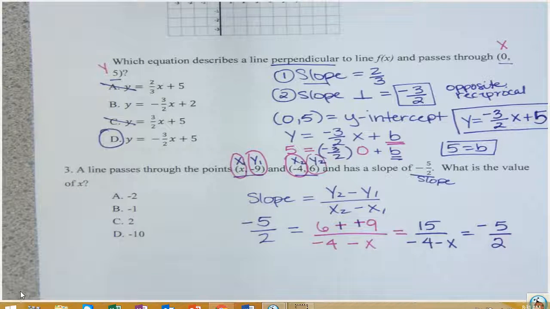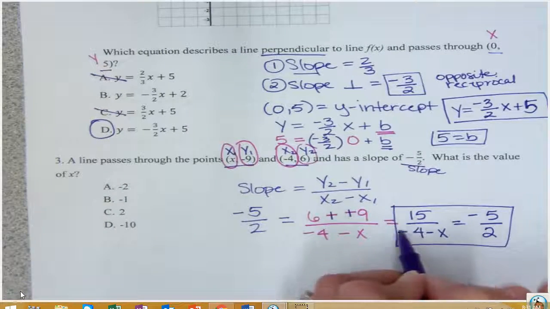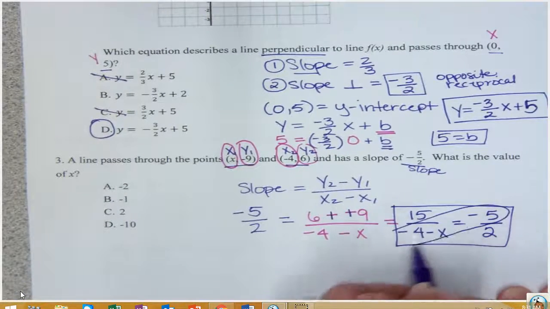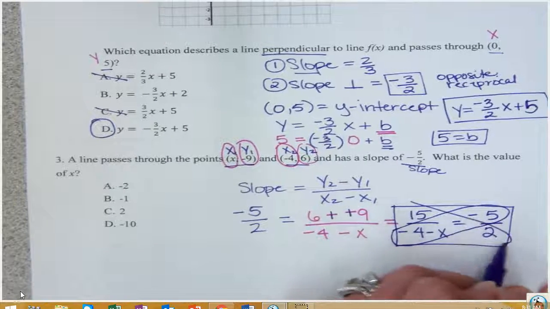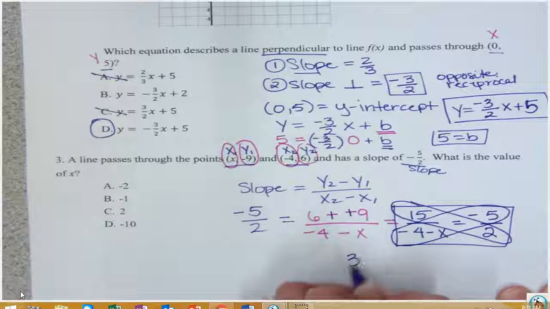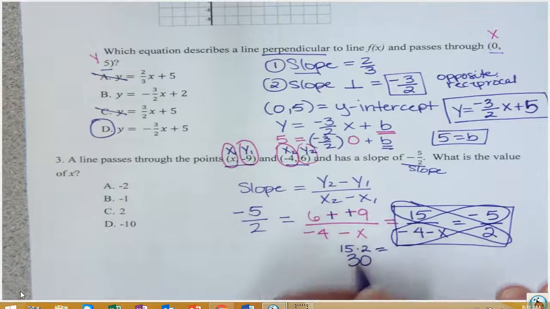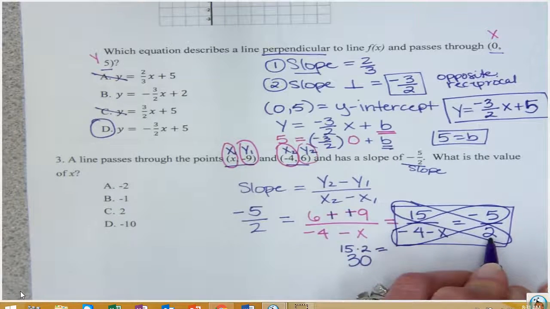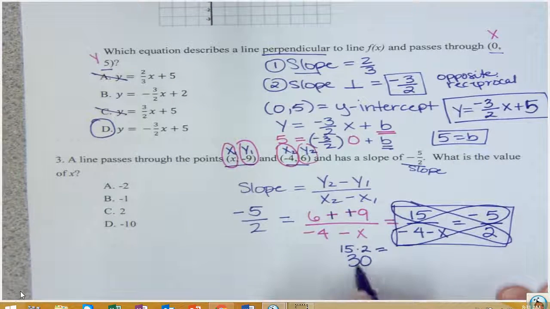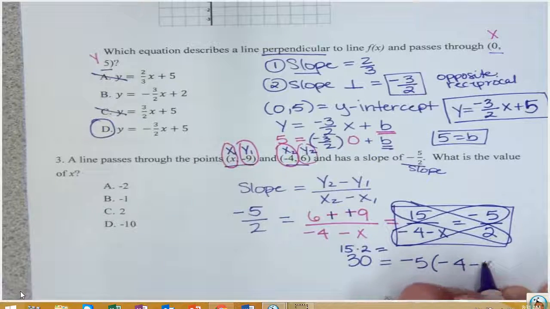So here's where the fun part comes in. You're going to cross multiply this times this, and you're going to get 30, which is 15 times 2, equals negative 5 times negative 4 minus x.